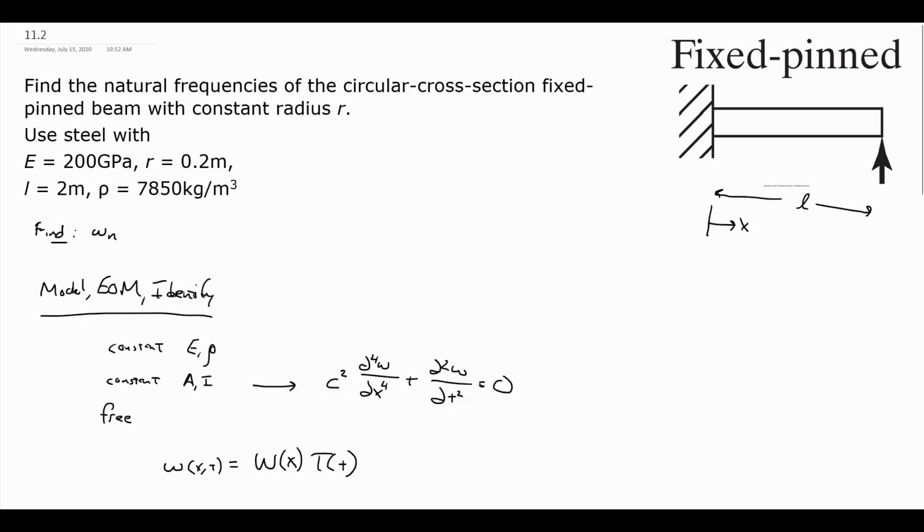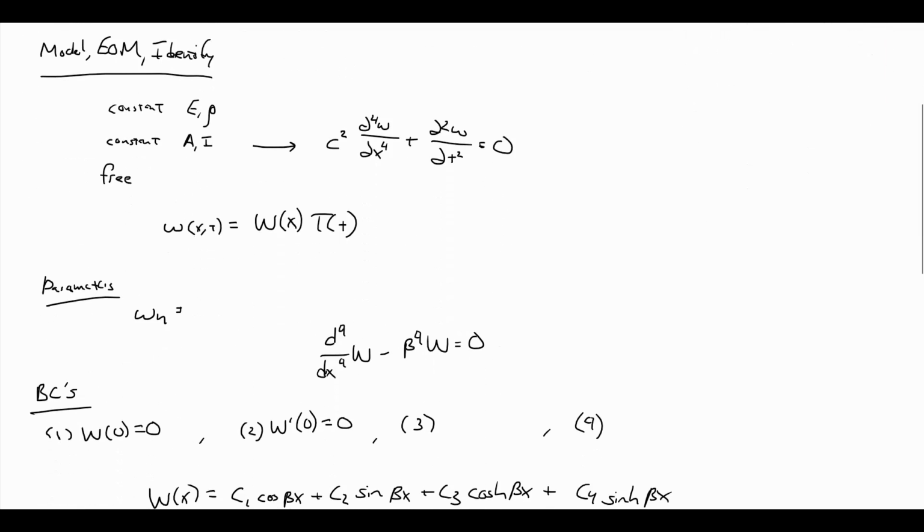We're pinned at x equals L, and a pin can hold a vertical force or a horizontal force, but it cannot hold a moment. So it will still be true that W double prime at L is 0.